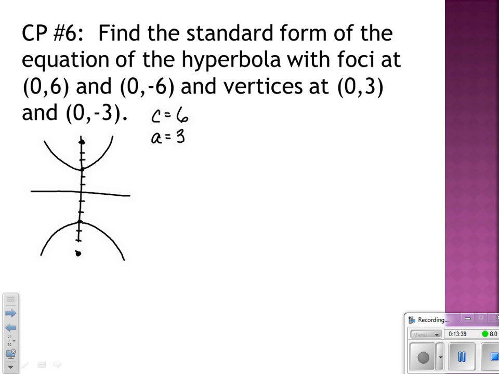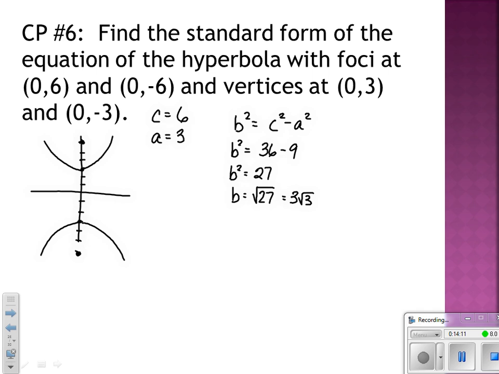On our hyperbolas, we have B squared equals C squared minus A squared. So we do not have B. C was 6, so 36 is C squared, and A was 3. So B squared is 27. B then is going to be the square root of 27, which is 3 root 3.